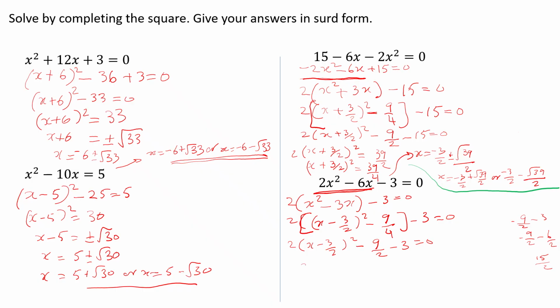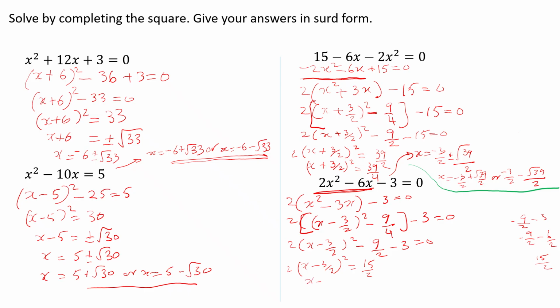So 2 times (x minus 3 over 2) squared is equal to 15 over 2.